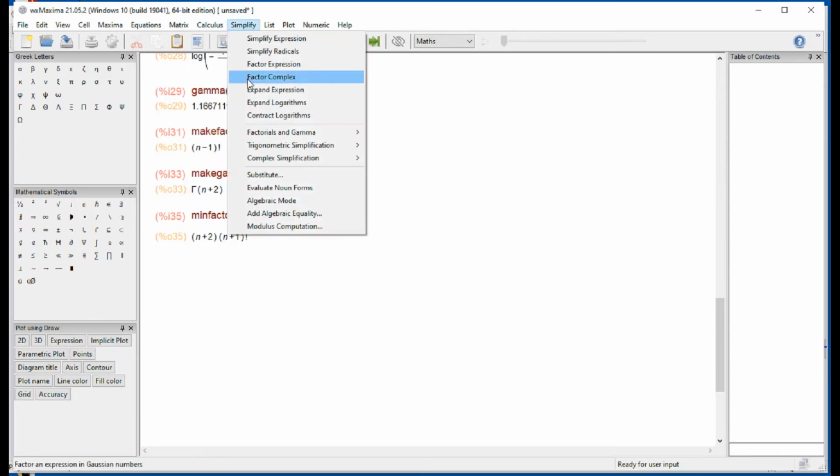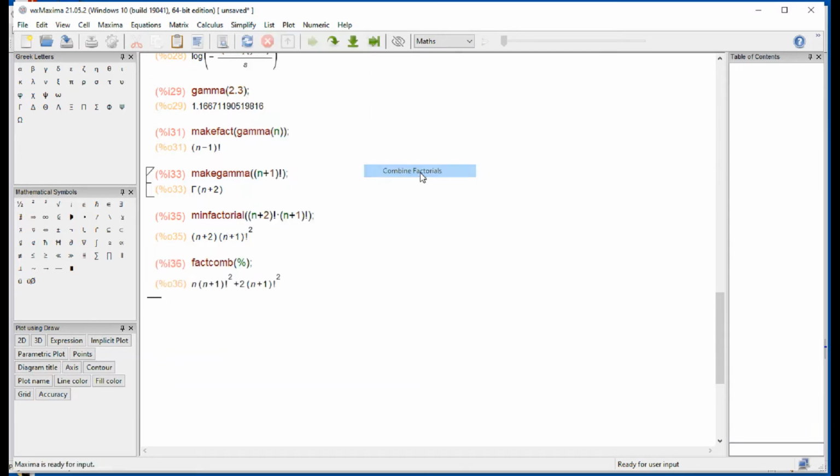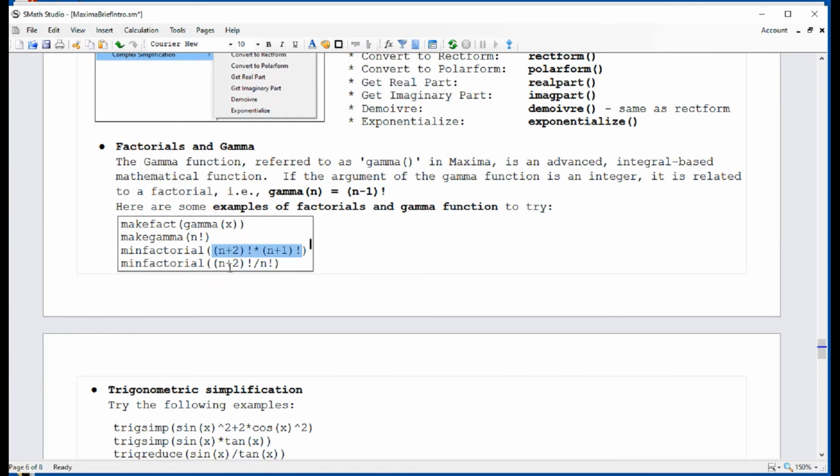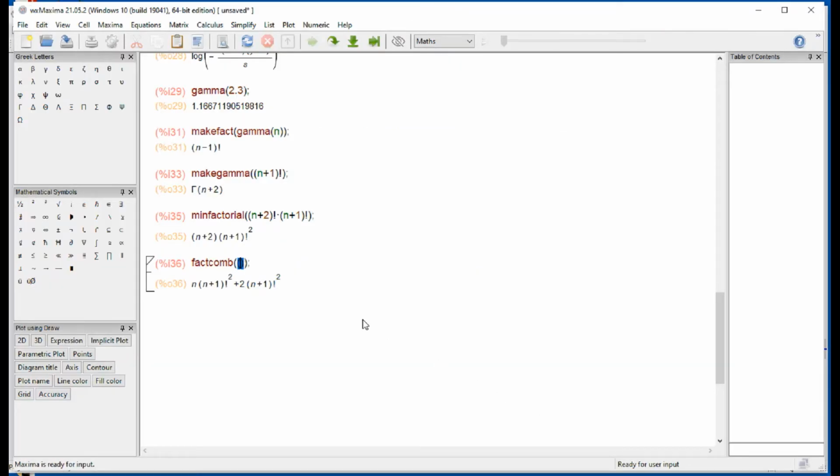If I go now to simplify factorials and gamma, combine factorials, factcomb, the example I have for this one is n plus 2 factorial. I'm going to type it right, actually. N plus 2 factorial divided by n factorial. So parenthesis, n plus 2, right arrow, exclamation mark, slash n factorial. Shift enter.